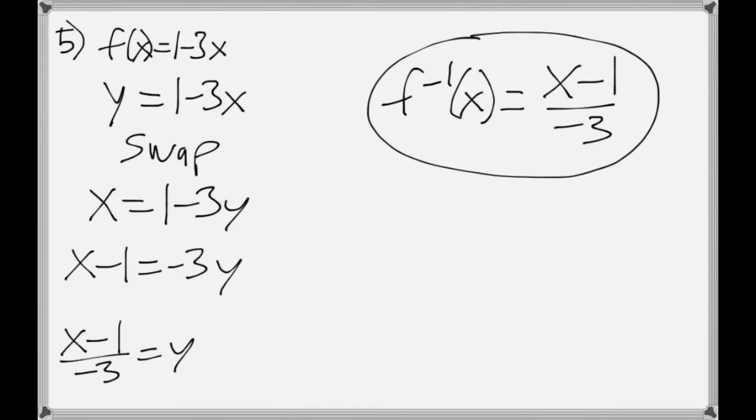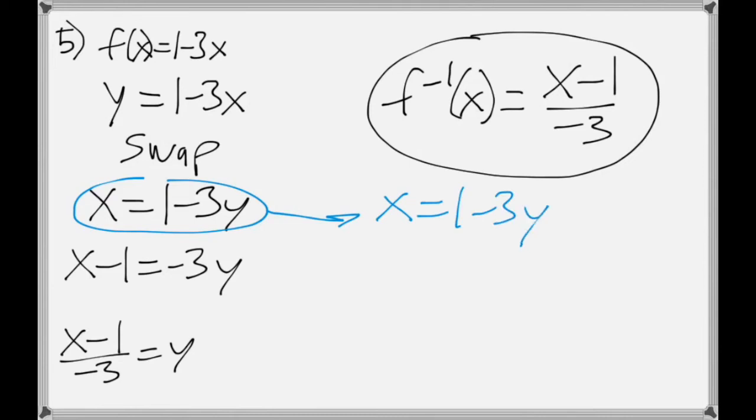Now, if you had chosen to solve to the other side here, so let's say at this point I have x is equal to 1 minus 3y. Let's say you added 3y to both sides.